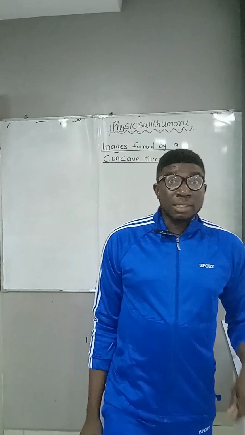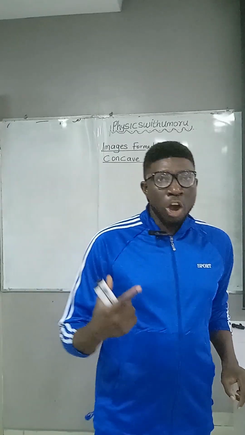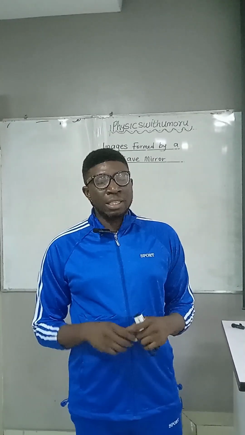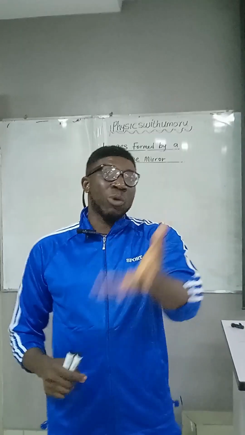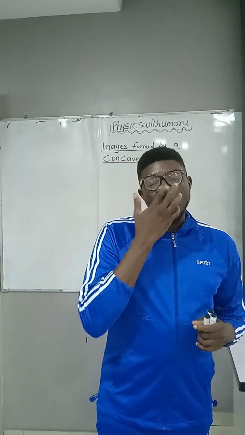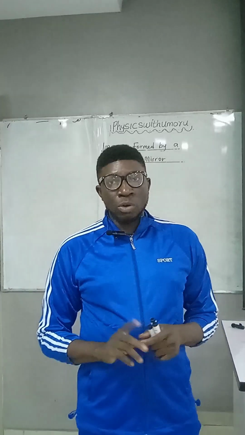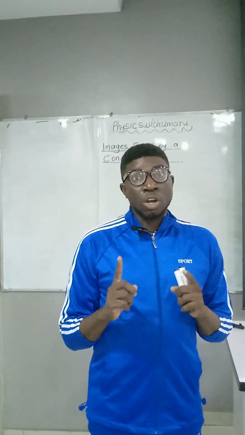Whenever an object stands in front of a mirror, you expect to see the image of this object. Either the image is seen in the mirror or the image is seen outside the mirror. When the image of an object standing in front of a mirror is seen in the mirror, this image is what we call the virtual image.